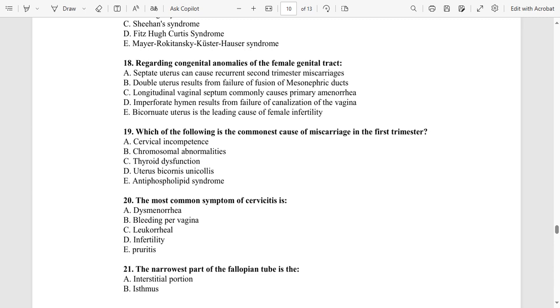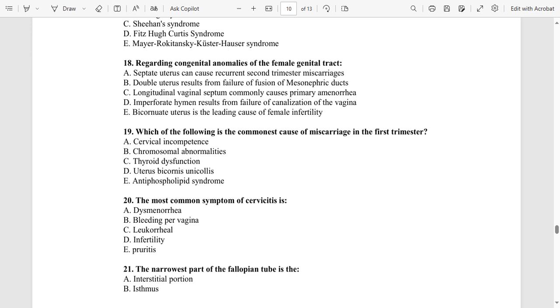How about D? Imperforate hymen results from failure of recanalization of the vagina. What do you think about that one? Yeah, it doesn't result from the canalization.